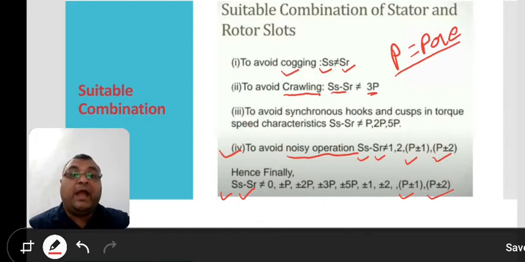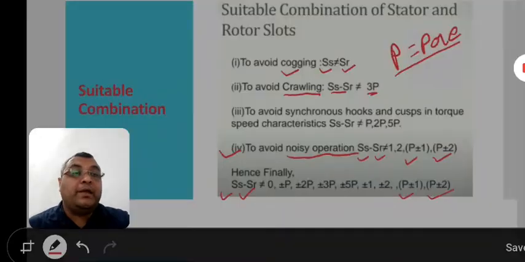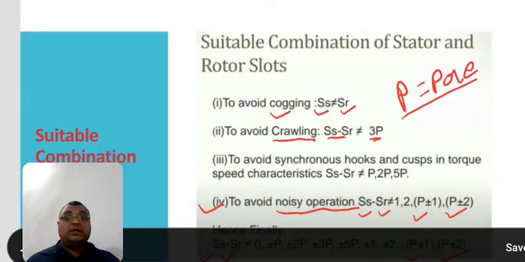Okay, and then next we will see further. Those are the conditions that have to be satisfied while choosing the number of stator and rotor slots. If these conditions are satisfied, then only the motor will work properly.